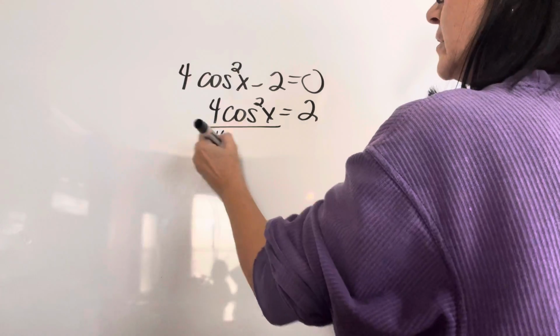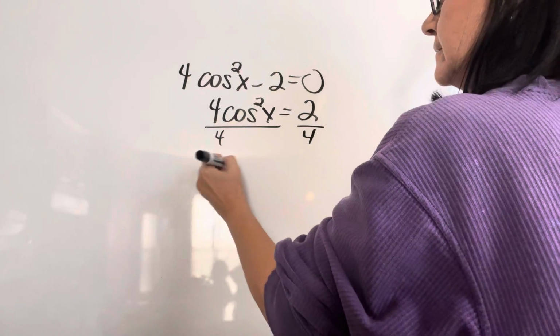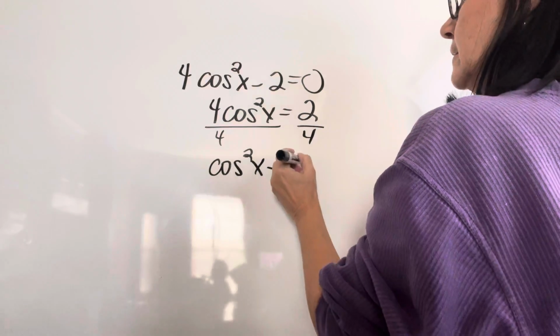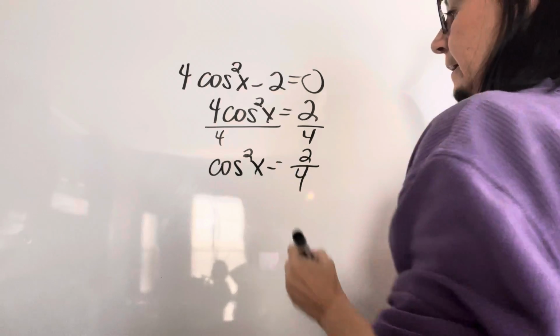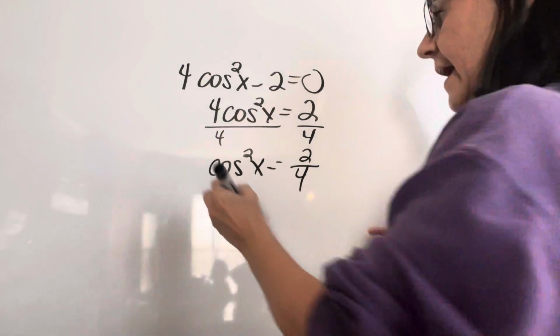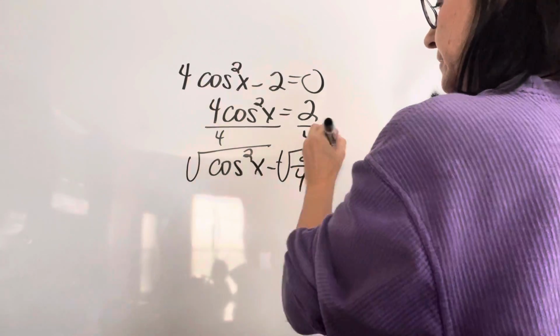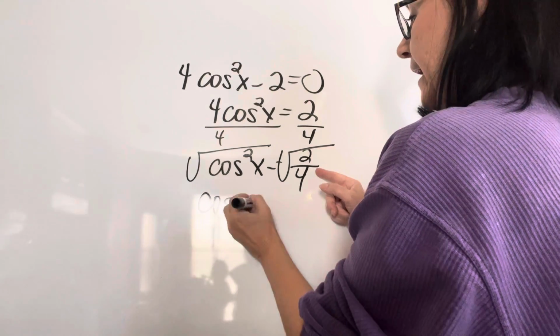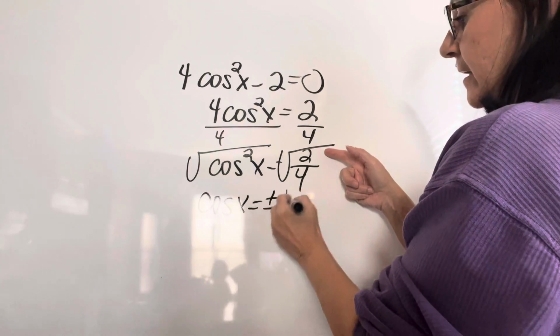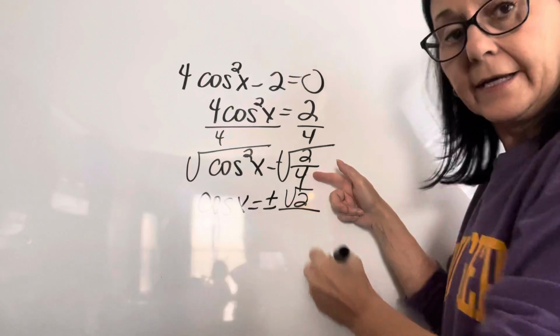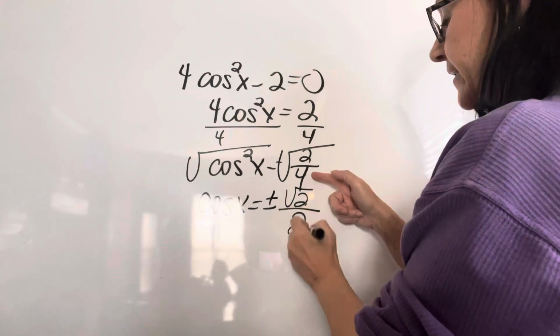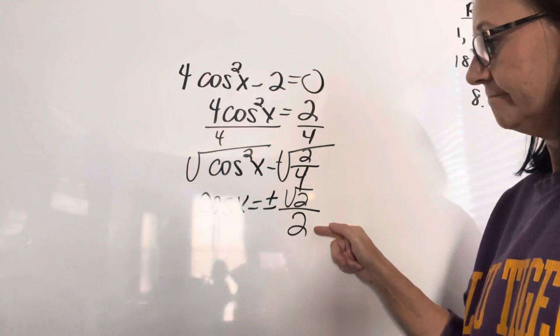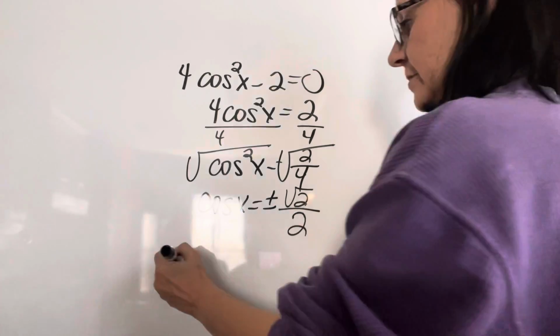Divide by 4 on both sides. I'm not going to simplify that to 1/2 because I'm going to take the square root. When I take the square root, it's cosine x is plus minus. 2 stays under the radical. I can unsquare 4. It becomes 2. All right, so I have 2 solutions.